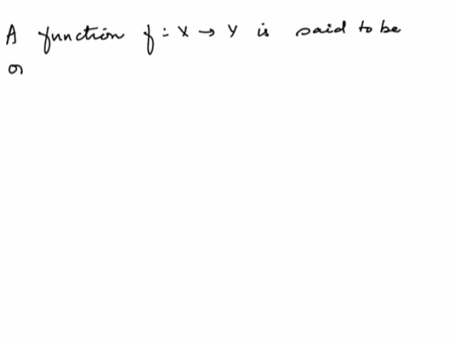There is one last function to be defined, the bijective function. A function f from X to Y is said to be bijective only if it is both one-one and onto.